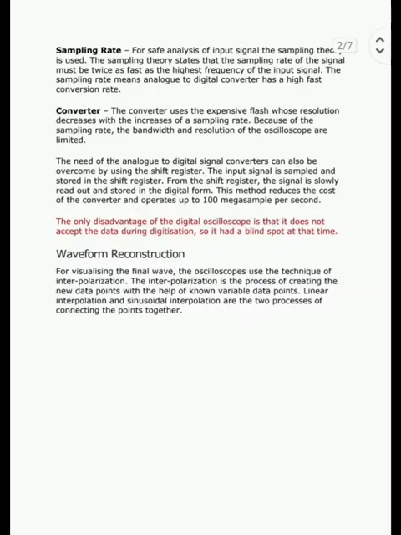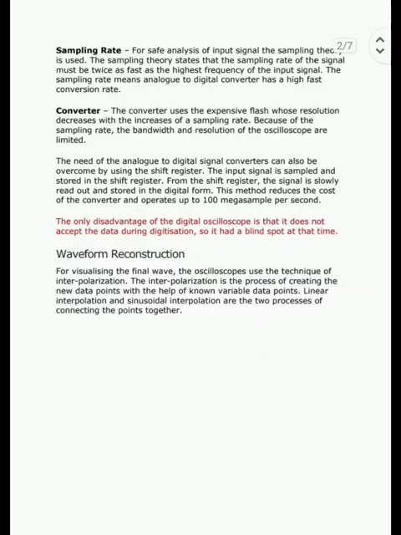Waveform reconstruction. For visualizing the final waveform of the oscilloscope, the technique of interpolation is used. Interpolation is the process of creating new data points with the help of known data points.